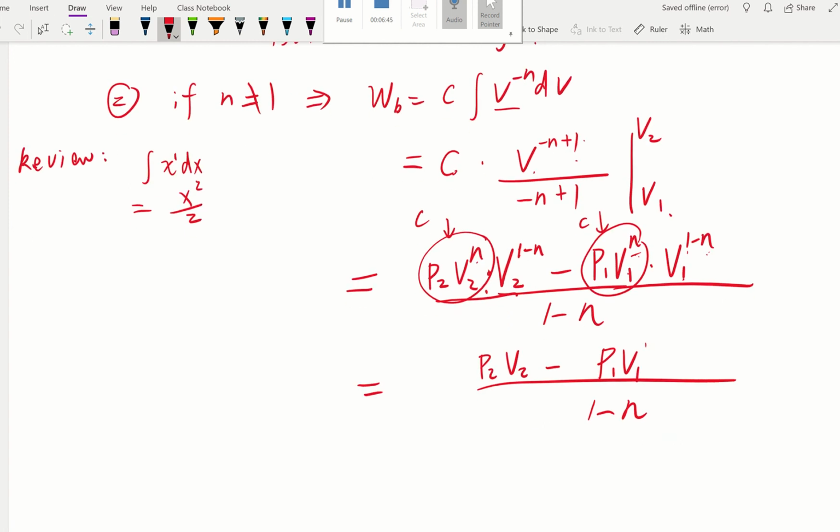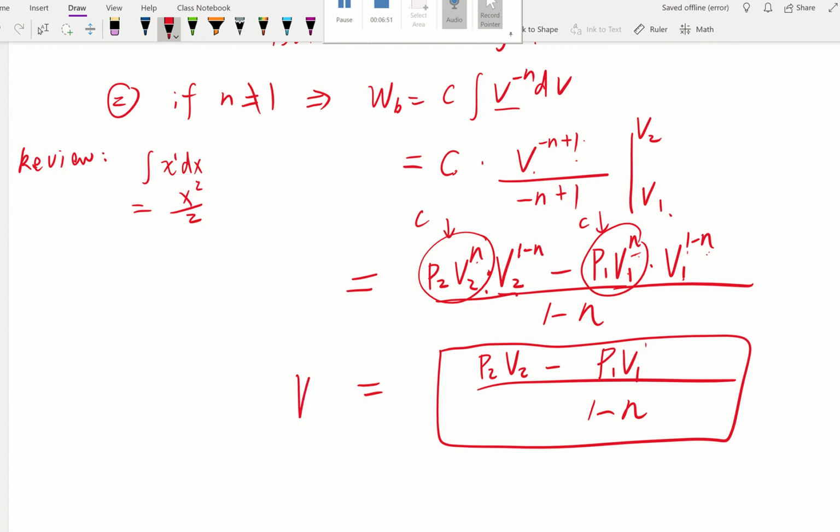So we get this very sleek answer, and that's going to be our boundary work. What's the condition for this? This is for a polytropic process, and also when n is not equal to 1, because when n equals 1, this equation won't work.